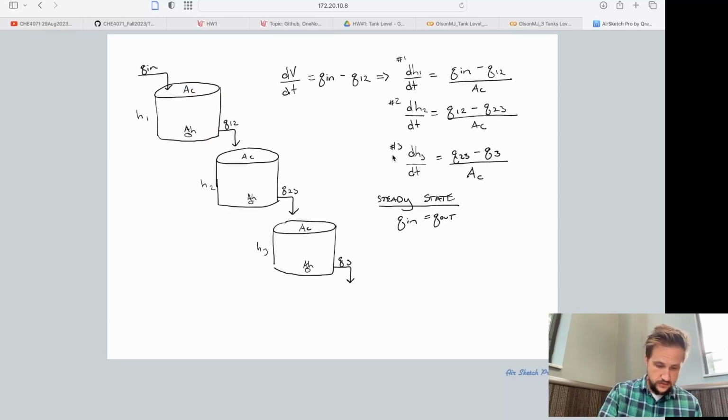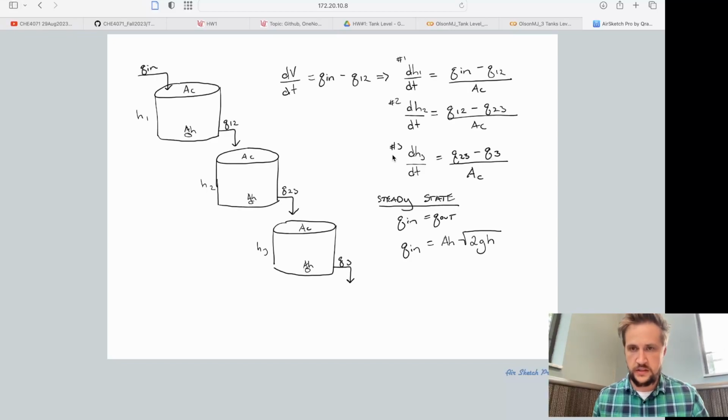So Q out is going to equal the cross-sectional area at the bottom multiplied by the square root of 2GH. And this is going to be the generalized expression.